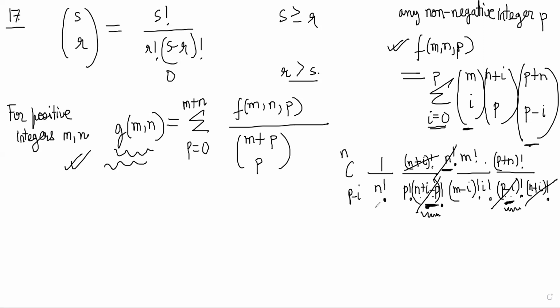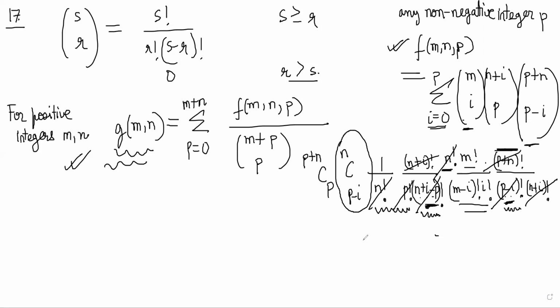Now see, 1 by N factorial, P factorial, and this can be combined as one thing, P plus N C P, correct? Yes. And you have an M C I anyway.